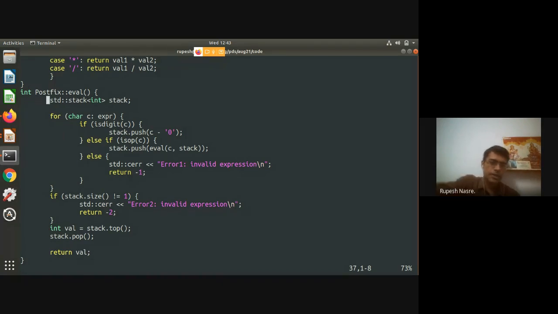But then the character C is a character, which means that it will have the ASCII value of the number. That I need to convert into a numeric value. So if I say 0 inside the character string, its ASCII value might be, let's say, 48. Now that 48 will get pushed if I just do stack.push C, right? But I don't want to push 48. I want to push the value 0.